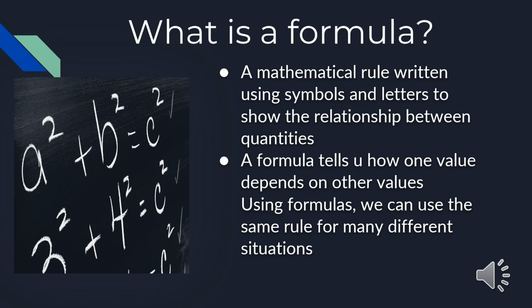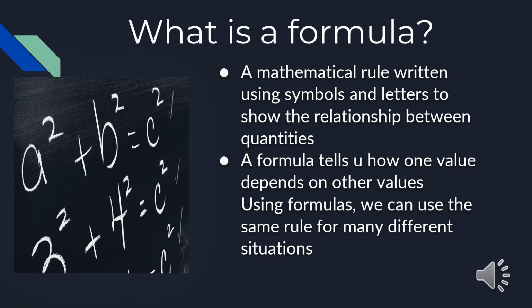Symbols are operation signs, for example an addition sign, a subtraction sign, or a division sign. The last thing that formulas use is constants. These are numbers that stay the same and do not change. So, to recap, a formula is a rule that tells us how to calculate something, and it uses three things: 1, letters; 2, symbols; 3, numbers. That is what a formula is.